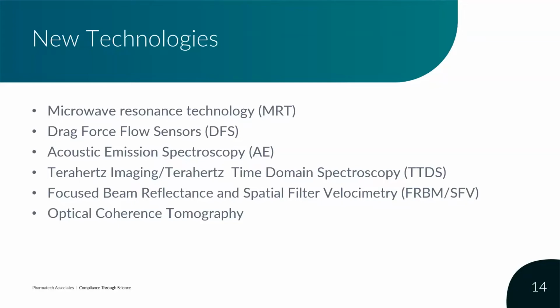We've talked a lot about particle size, and two of the most important technologies that can be used to determine particle size during the physical processing are the focus beam reflectance and spatial filter velocimetry probes, where essentially particle size and shape can be determined using these sorts of measurements.